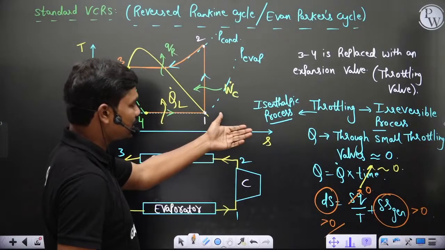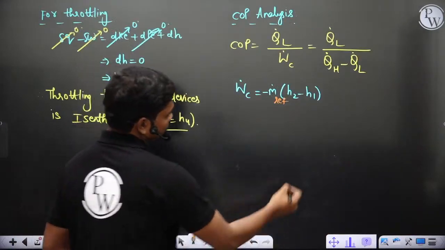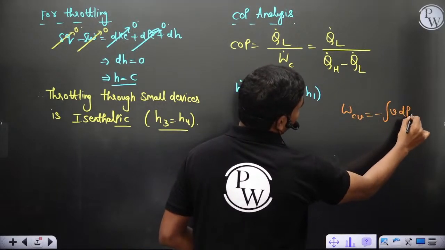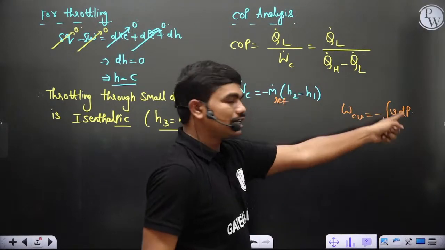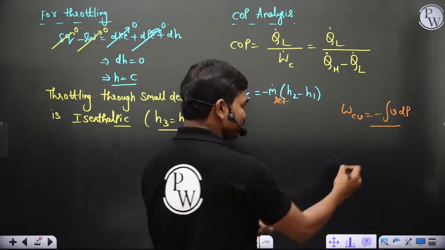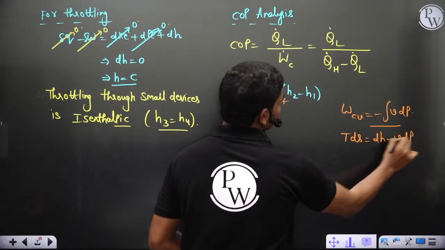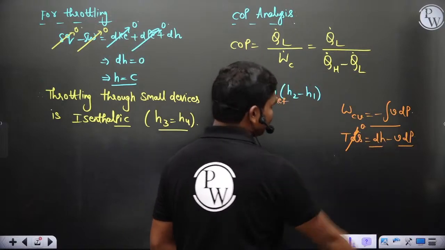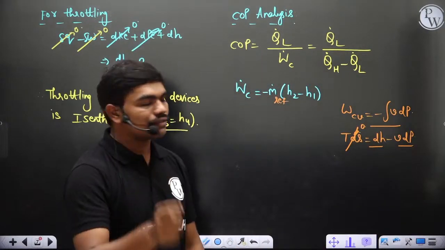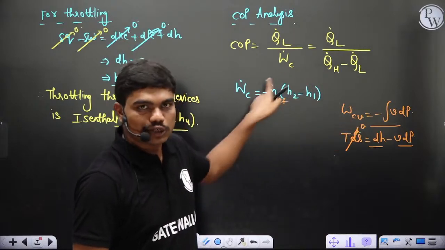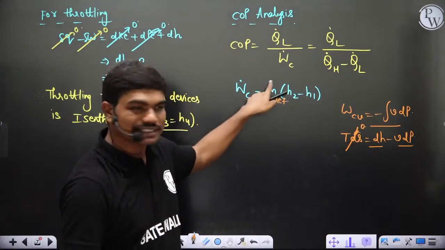Because for a compressor, in case of compression, minus integral VdP, and we have seen normally in case of compressors this expression gives you the difference between enthalpies, because compression is isentropic, TdS is equal to dH minus VdP. So for isentropic compression TdS is 0, so dH and VdP are the same, clear? If you integrate VdP, you will finally end up with this difference, but this is specific for the total work interaction. Multiply this with the mass flow rate of the refrigerant.